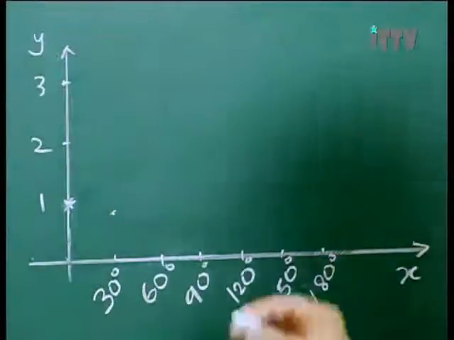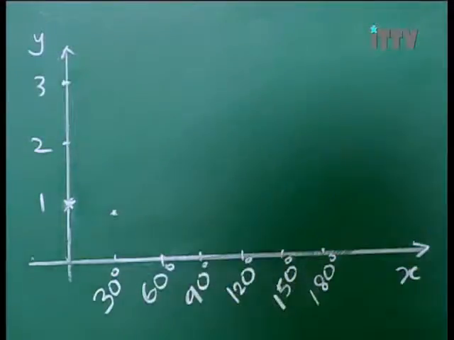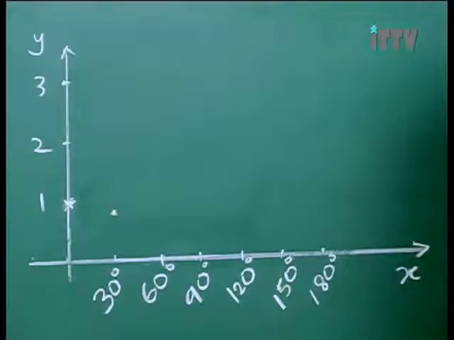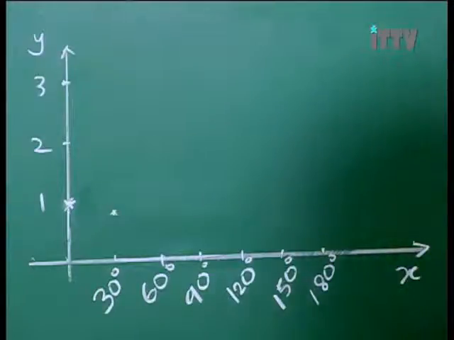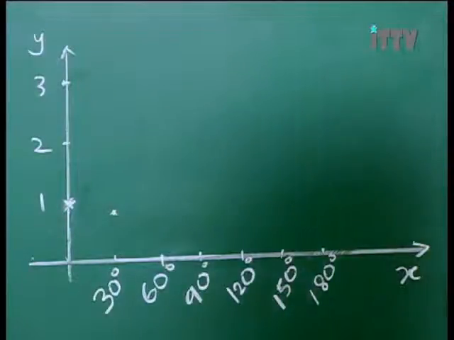You will notice, viewers, that I do not have graph paper on the board with me, so this is merely a sketch, but it would be good if you had graph paper to do the sketch on, because then you can be a lot more accurate and your graph will be much smoother.